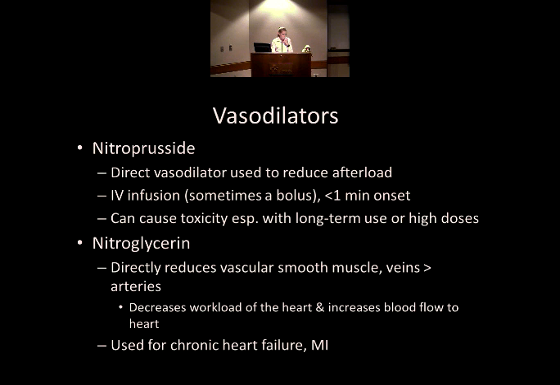You could cause damage by giving it as a bolus, so you've got to be bold and water it down a lot. It works quickly, in about a minute from when you start it, and because of its potency it can be associated with toxicity when given at higher dosages and used for an extended period of time. So nitroprusside is a direct-acting vasodilator.